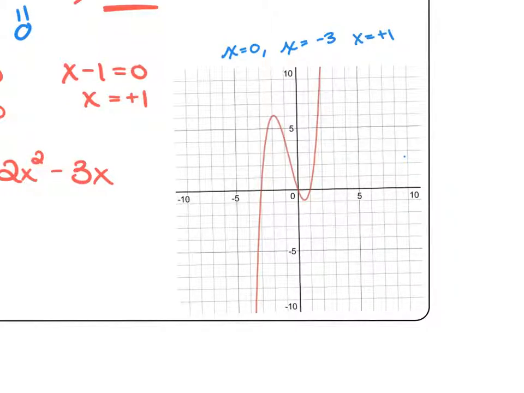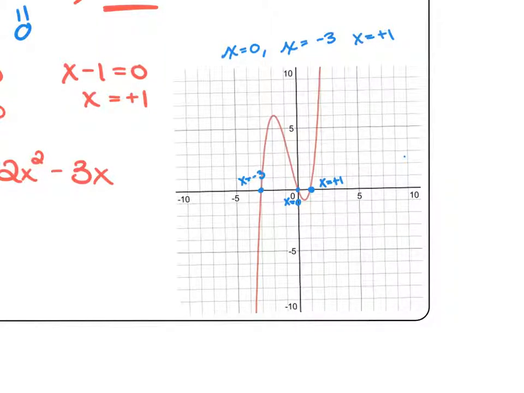That is where we're expecting it to cross the x-axis. And you can see right here is the x equals positive 1. Right here is the x equals 0. And right here is our x equals minus 3. So that's kind of all you do for that.